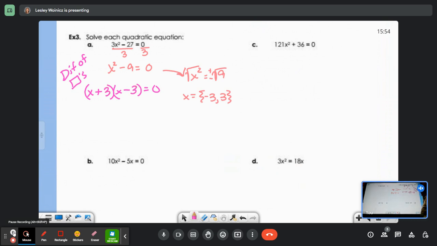And now I can use my ZPP. So I've got x plus 3 equals 0, x minus 3 equals 0. Now I can see that x is negative 3 and positive 3, just like what I got when I did square root method.